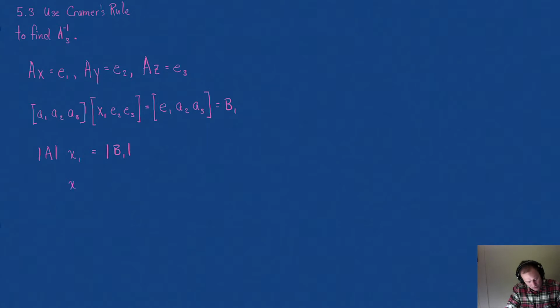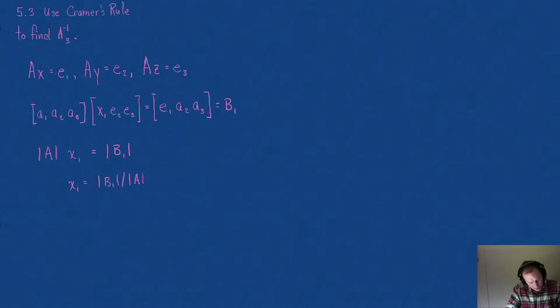Or you could say that x1 is equal to the determinant of B1 divided by the determinant of A. So here's what we need to do. We need to find the determinant of B1, and I think that the result will be a bit surprising.